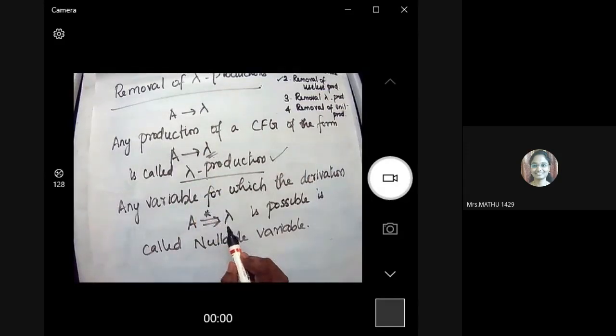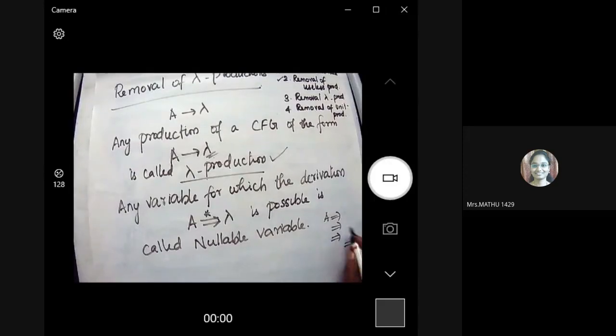Apart from this, if you have a variable which in an arbitrary number of steps, in a given grammar we derive in multiple steps and get some string.